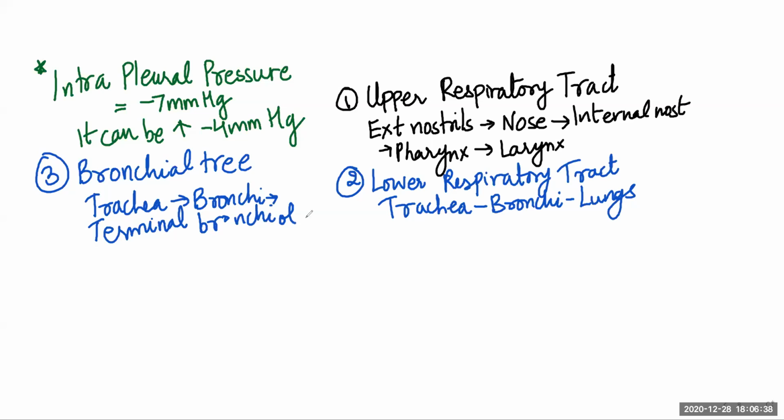The terminal bronchiole has a diameter less than 0.5 millimeters.